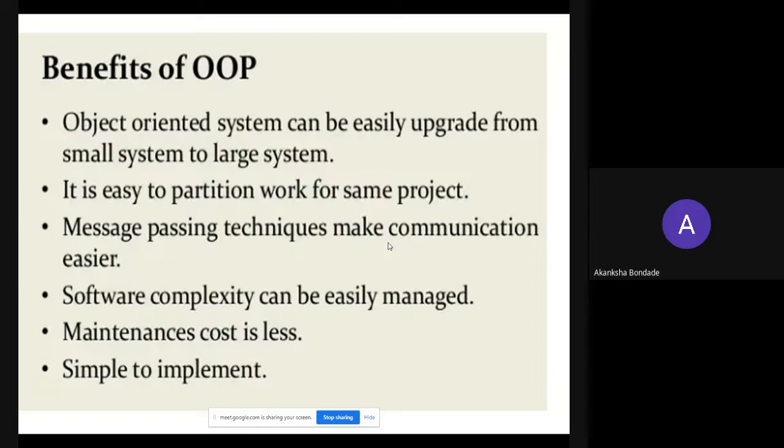That's why software complexity is easily managed and maintenance cost is also less, because it is not required for the whole program to be loaded in main memory at a time. That's why maintenance cost is very low. It is simple to implement. Object-oriented programming is more beneficial for implementation. That's why it is easy to implement.